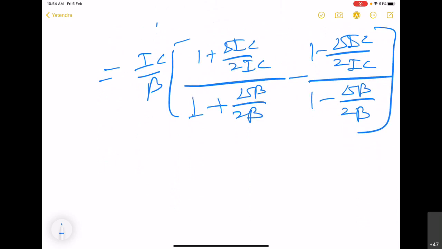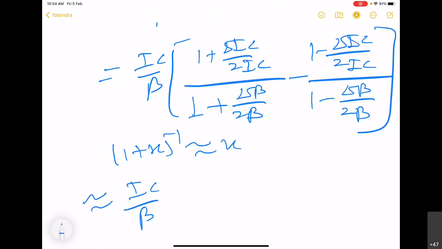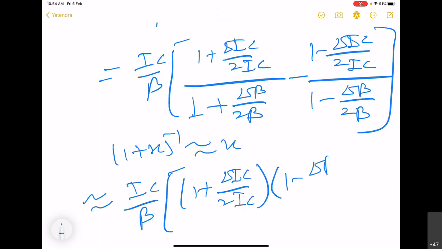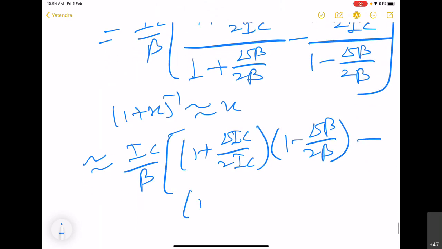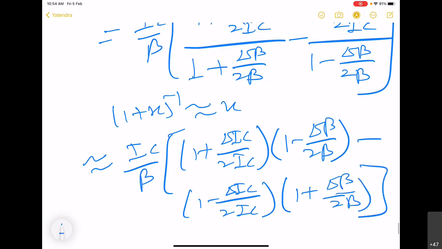So here denominator term can be taken into numerator and approximated using this formula, 1 plus x minus 1 approximated to x. So when we do this, we get IC by beta times 1 plus delta IC by 2 IC into 1 minus delta beta by 2 beta, minus 1 minus delta IC by 2 IC and 1 plus delta beta by 2 beta.